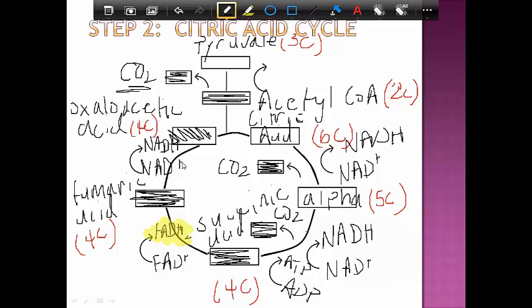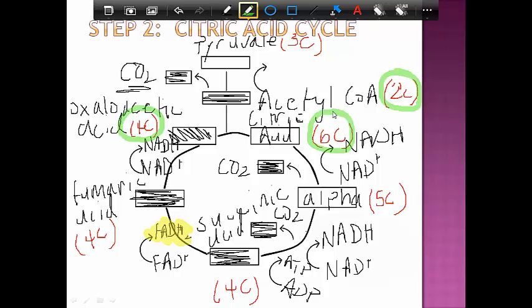Now I want to point a couple things out to you. First of all, you can see over here that we have a 4-carbon molecule in oxaloacetic acid. We have a 2-carbon molecule in acetyl-CoA. So hopefully you can see now where this 6-carbon citric acid comes from.